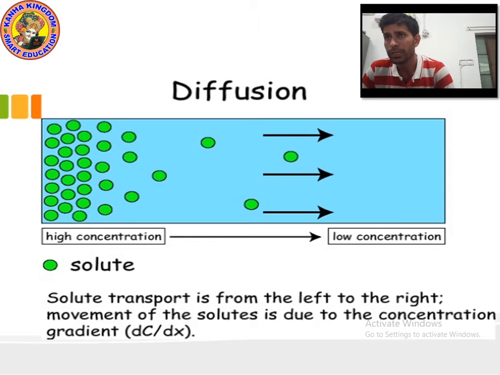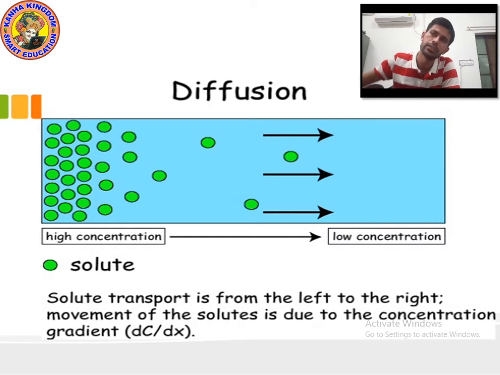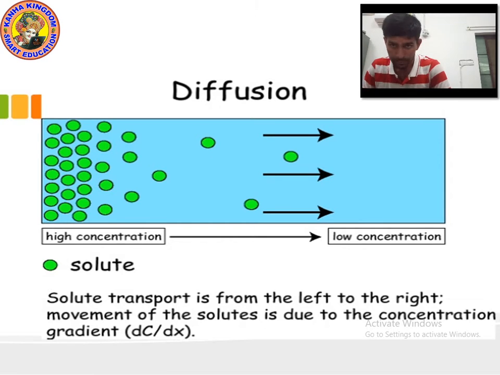So we can say solute transport is from left to right, movement of solute due to the concentration gradient. The green balls are the solute, moving from left to right, which means they are moving from higher concentration to lower concentration because of the concentration gradient. So this is diffusion.